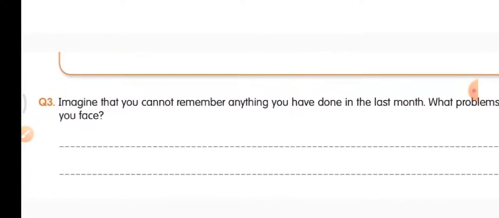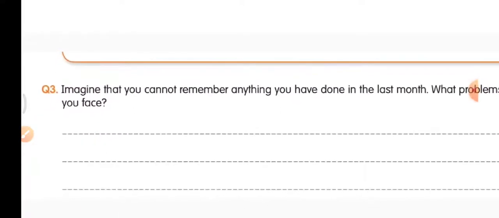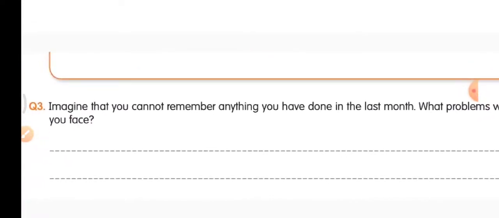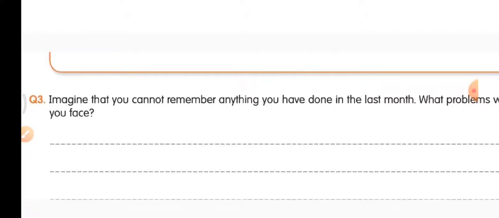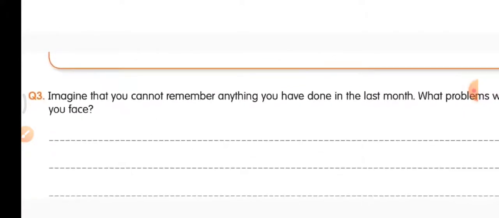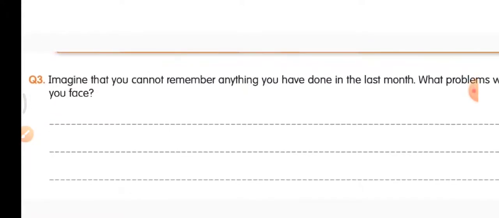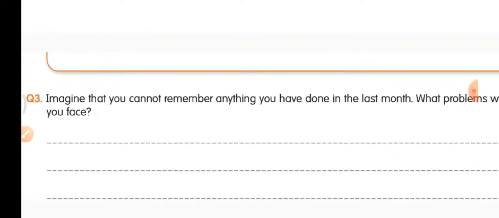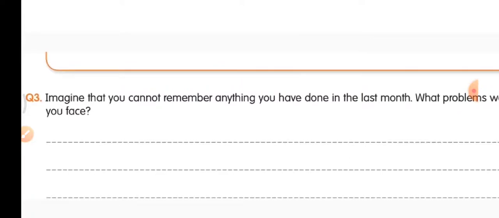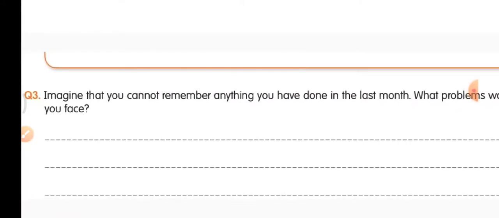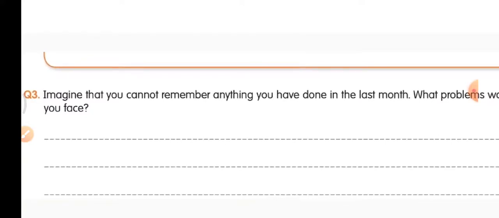Question 3, imagine that you cannot remember anything you have done in the last month. What problems would you face? If we can't remember what we have done in the last month, then it will be difficult for us to organize things in this month. The events that we should plan for this month will be a problem because we start from where we have ended.